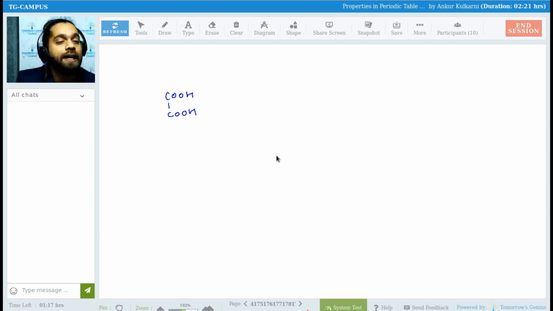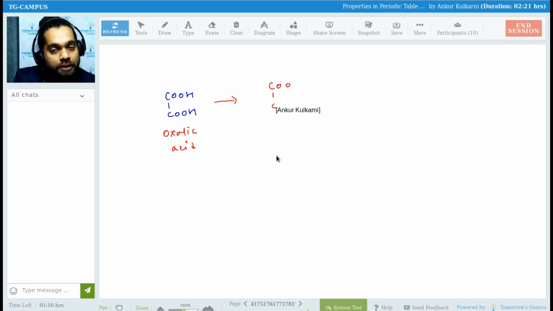So when you join two carboxylic acids, this is the simplest dicarboxylic acid, known as oxalic acid. If I remove the H plus from those COOH groups, they become negative, negative, and we call it oxalate ion.